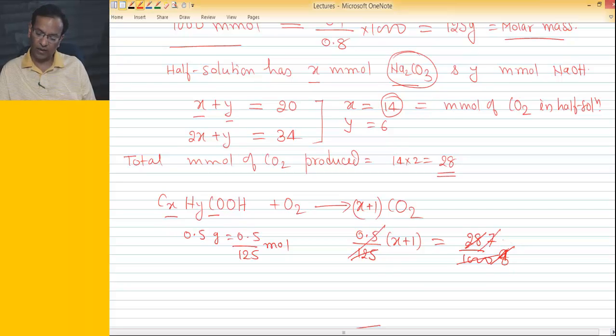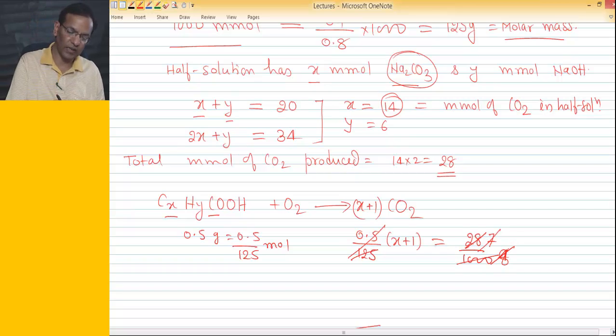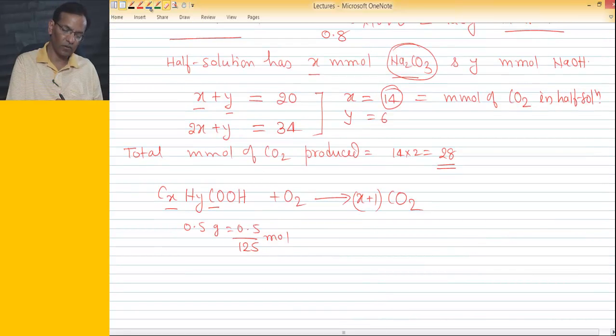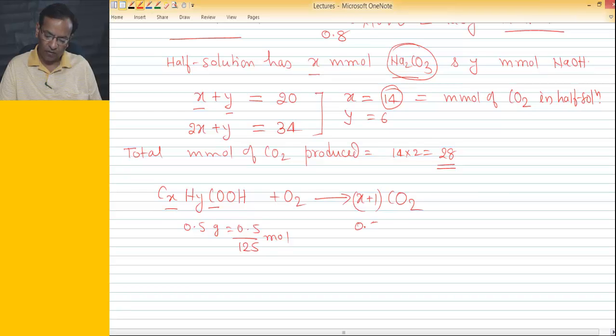Just 1 second, what we have here. So 0.5 upon 125 into X plus 1 is equal to 28 upon 1000.